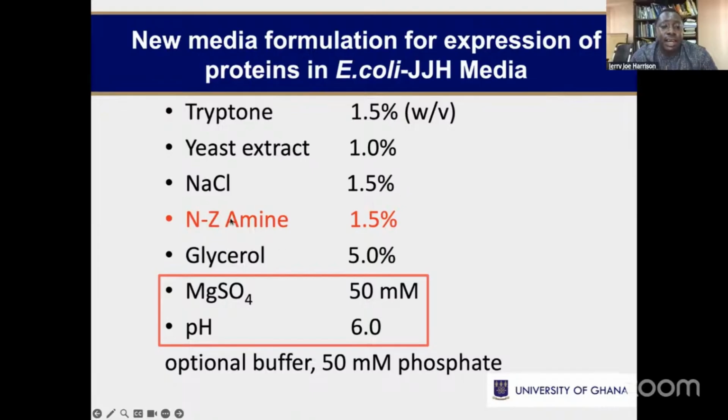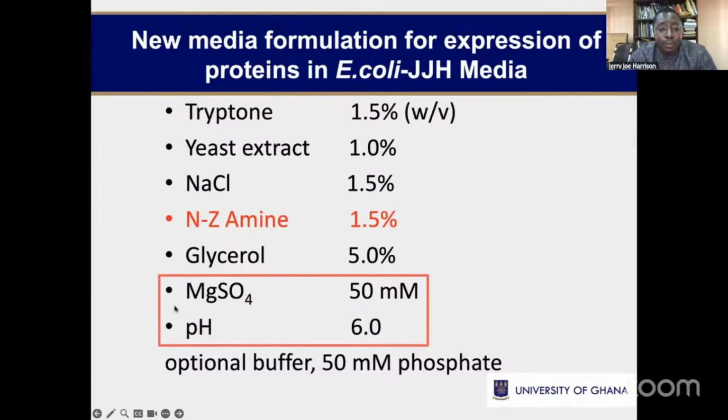And then adding glycerol was also important, of course as an extra energy source, but also for shaking, allowing oxygen so that we can shake at a higher speed. But the game changer really was these two.